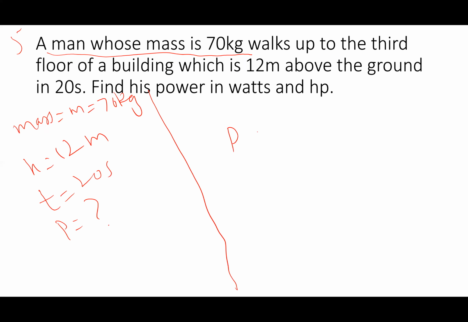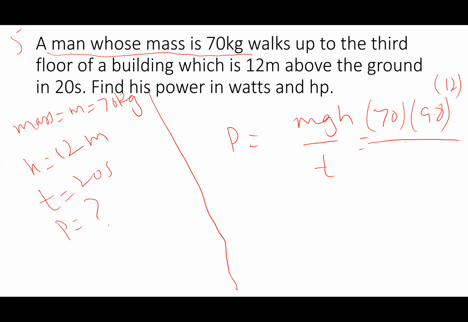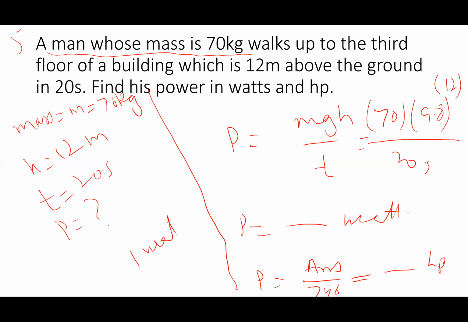So power is equal to mgh divided by t. M is 70, g is 9.8, and height is 12 meter, divided by time 20 seconds. You will get the answer in watt. Then divide by 746 and you will get the answer in horsepower. 1 horsepower is equal to 746 watt.